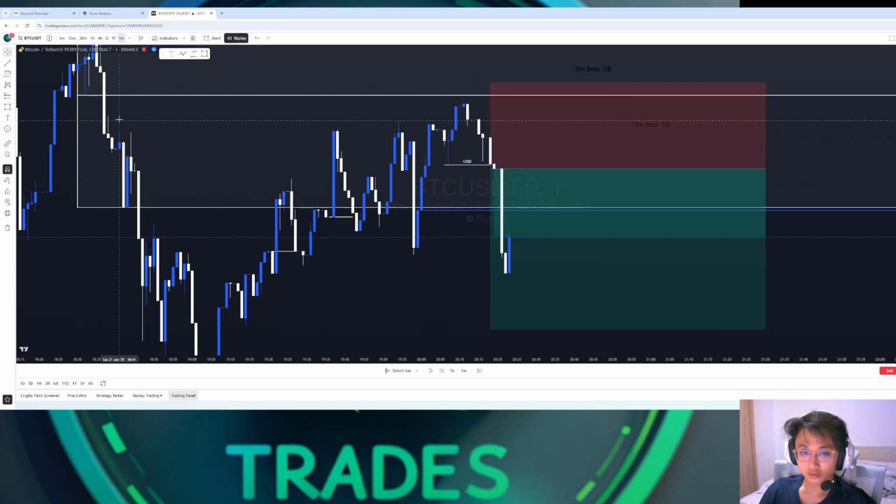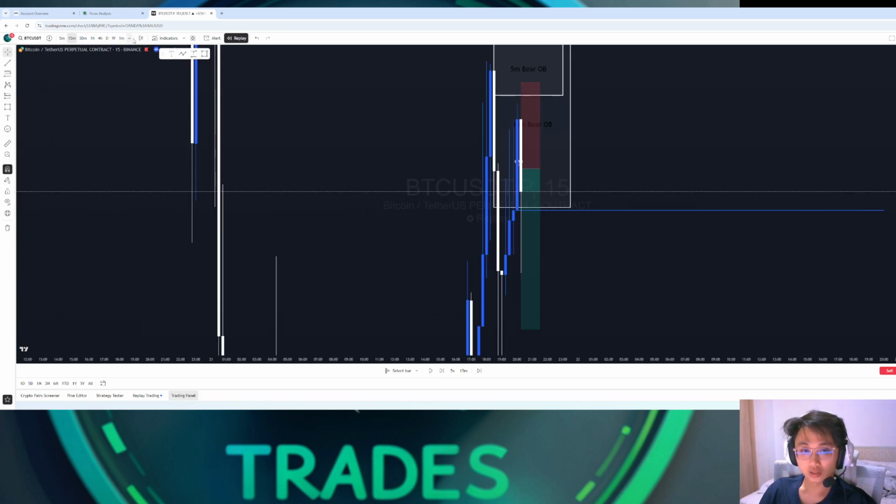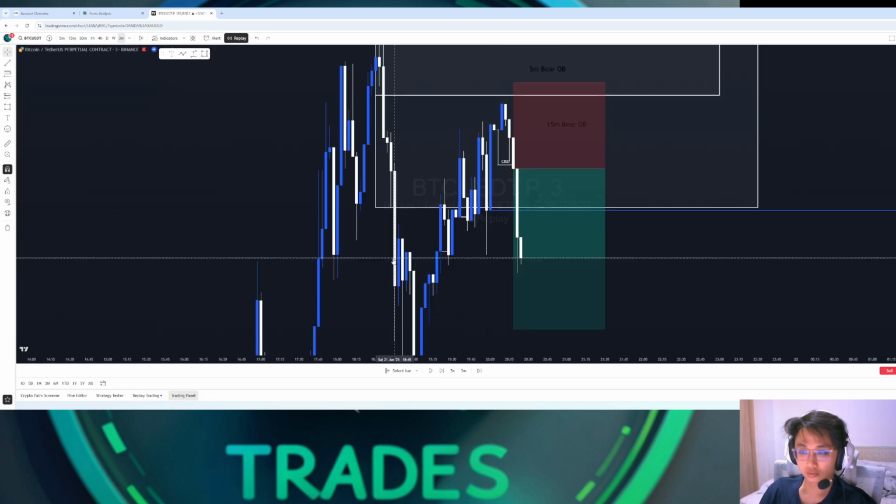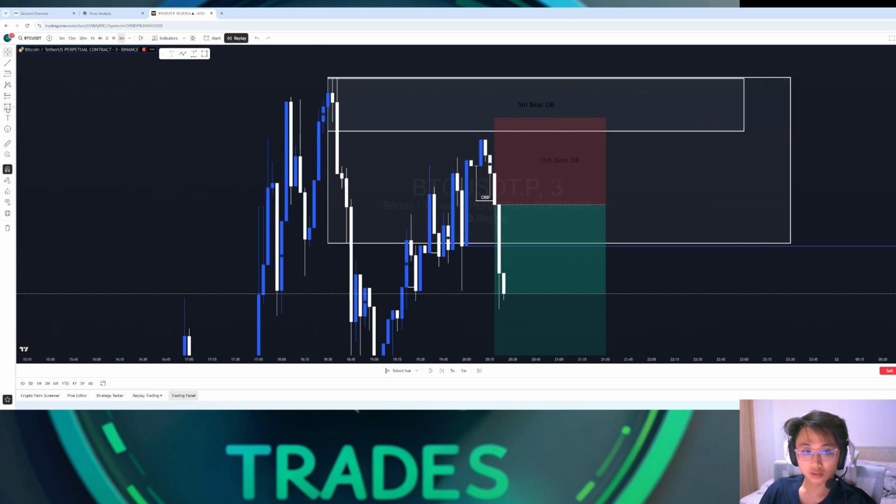Let's take a look on the 1 minute. Price can just drag off and come up all the way. Let's mark this extreme zone.